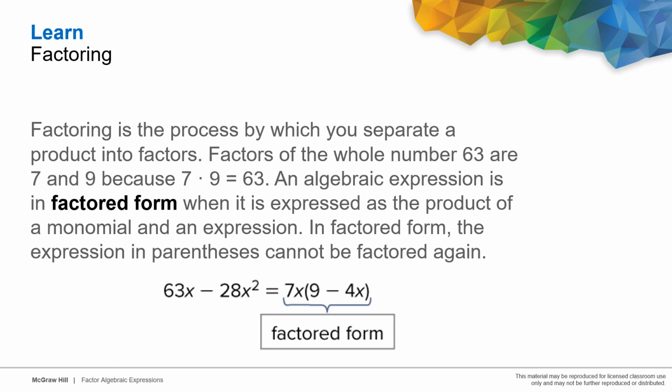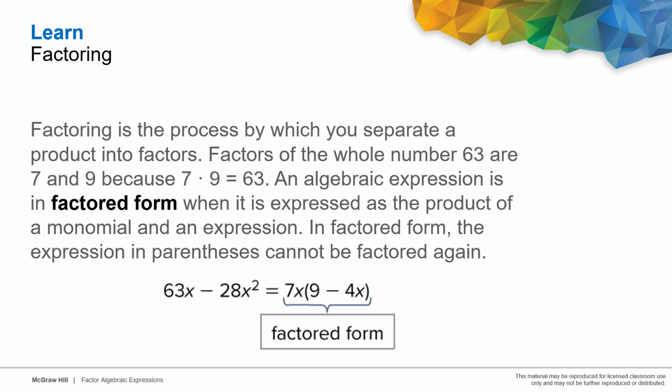All right, so let's get started on this set of notes. I am not going to read this entire slide to you. You can go ahead and pause it and read it. It's a lot of math words, but what you need to know is that factors are the numbers that we multiply together to get a product, and a product is the number we get when we multiply two numbers together.